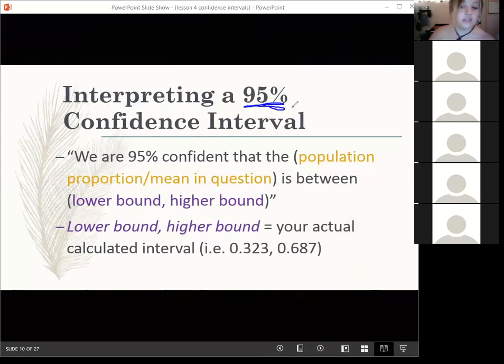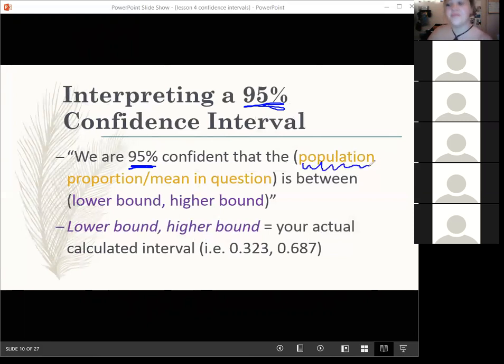You're going to be able to use different percentages because you can have different levels of confidence, obviously. But for example, if we're doing a 95%, we always say, we are 95% confident that, and that's always the beginning part. So this percentage will be whatever your level of confidence is. So it'll be, we are 99% or 95% confident that, and then keep in mind population proportion. We're talking about the population.